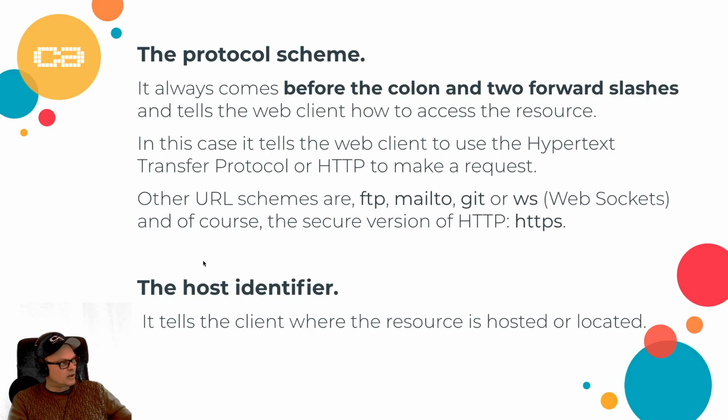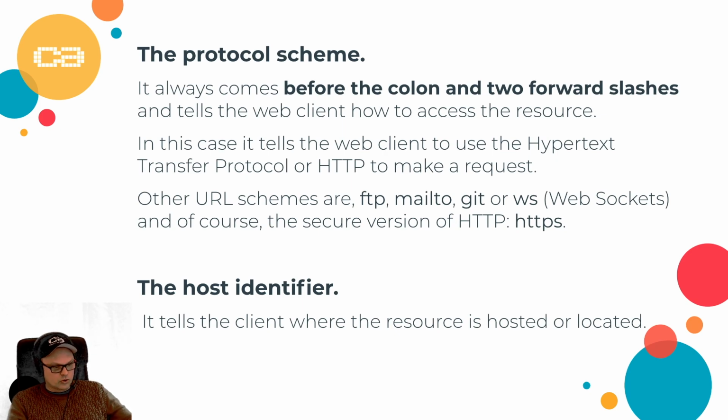Now, the protocol is always set with letters before the colon and two forward slashes. Again, we spoke about HTTP, but there are others like FTP, mailto, WebSocket protocol, DB, or what have you.